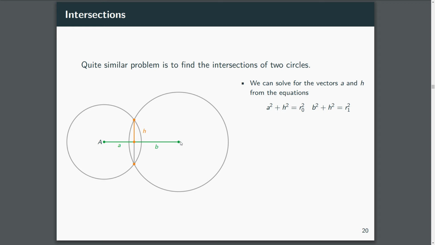We have that b squared plus h squared is equal to the radius of B squared. This is just the Pythagorean theorem. So what we get for a is this expression. And then, since we know the radius of circle A, we can calculate h from this equation here using the Pythagorean theorem.